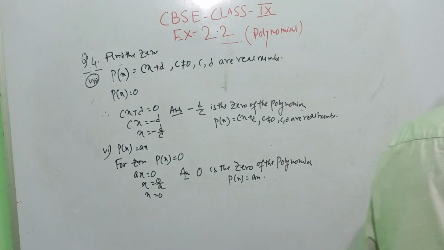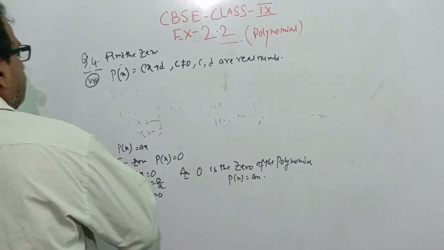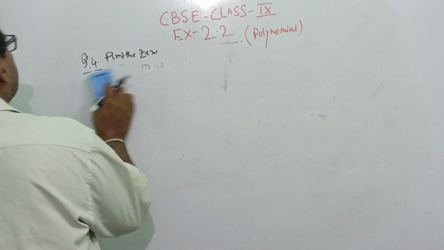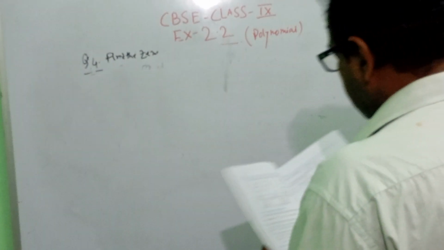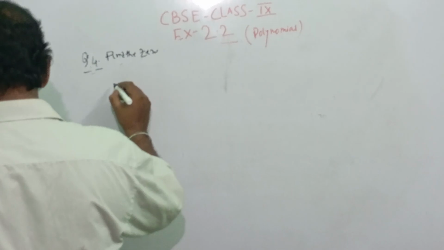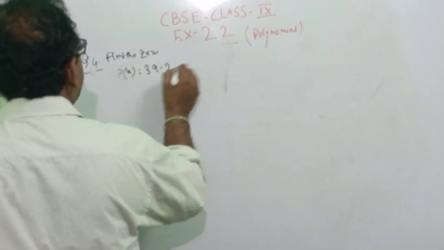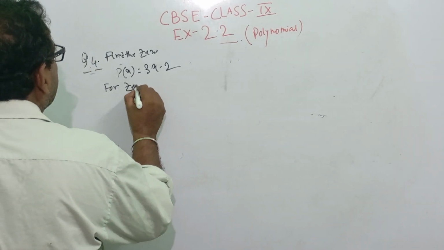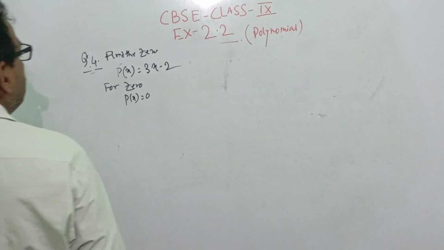I am going to question number 4. Question number 4. Find the zero of p(x) is equal to 3x minus 2. Now for zeros, p(x) is equal to 0.